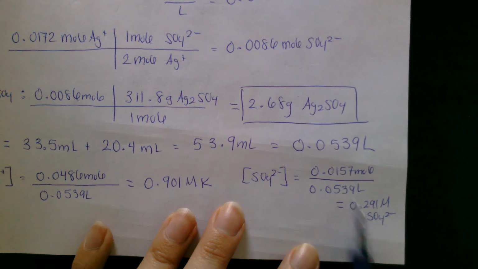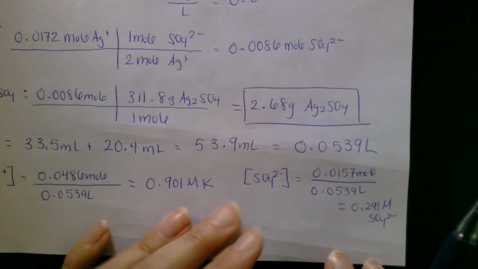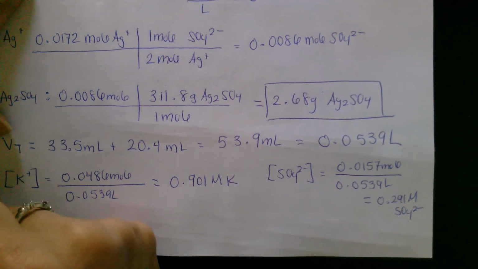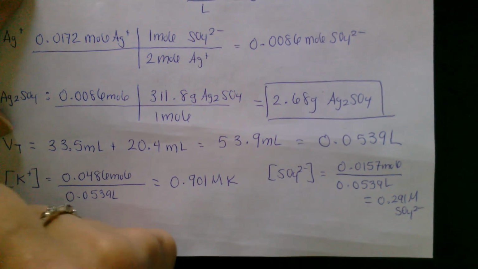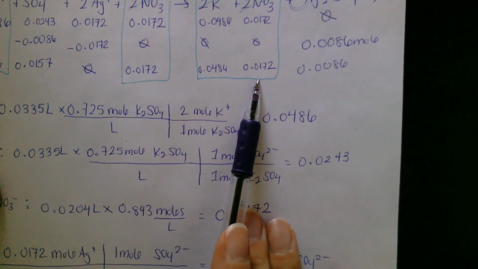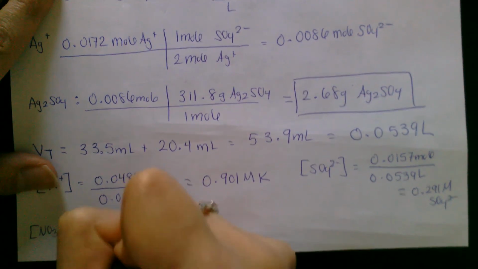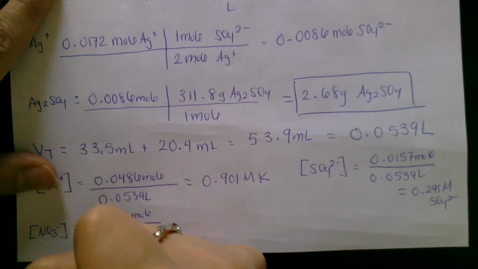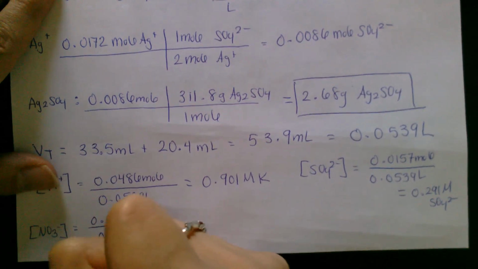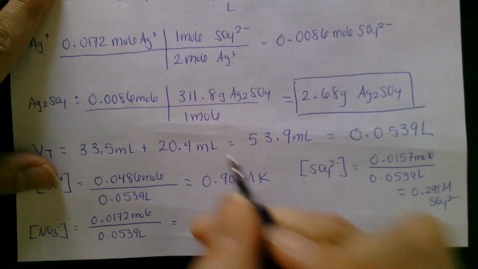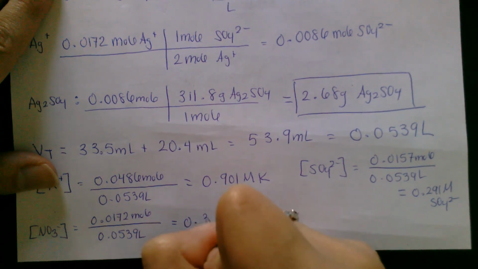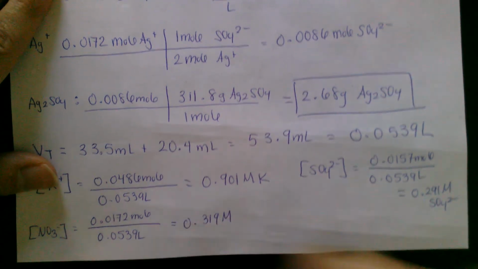So moles per liter to give us our concentration of sulfate. And then finally our nitrate, our NO3 minus. So we're going to get our concentration of nitrate, 0.0172, and divide by our volume. Give us our nitrate as 0.319 molar.